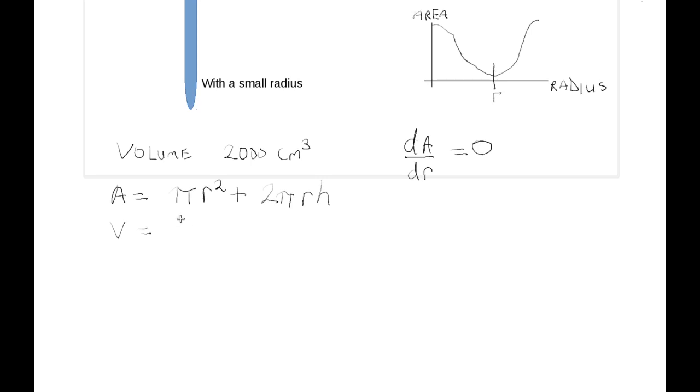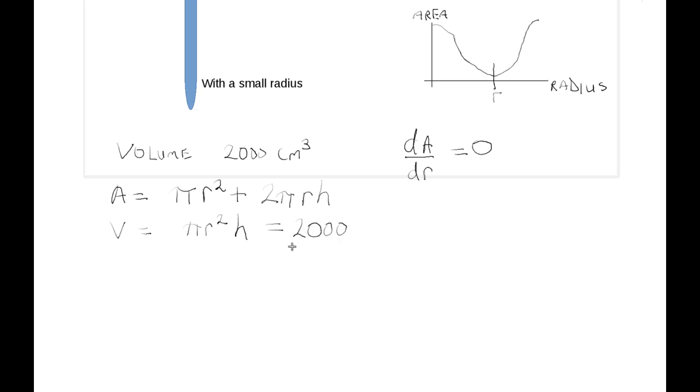So that gives us what we had before, pi r squared, times the height. So this bit's the area of the base, times the height, and that will give us our cubic centimetres of volume. Now we happen to know that ours is going to be 2000, so I can write that in.